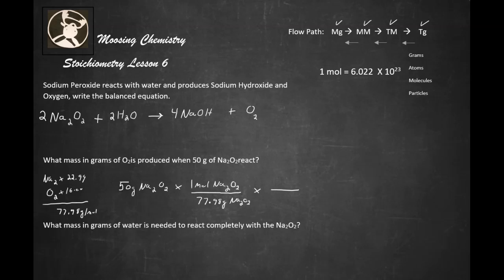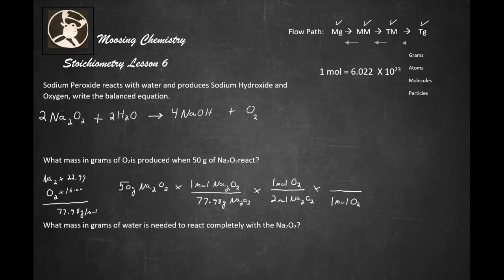So what's the molar ratio between Na2O2 and O2? Oh, it's a 1-to-2 relationship. So we put 2 moles of Na2O2 on the bottom and 1 mole of O2 on the top. And we want to know this in grams of oxygen, not moles of oxygen, so we got to do one more step. So we go from my grams to my moles to their moles to their grams.